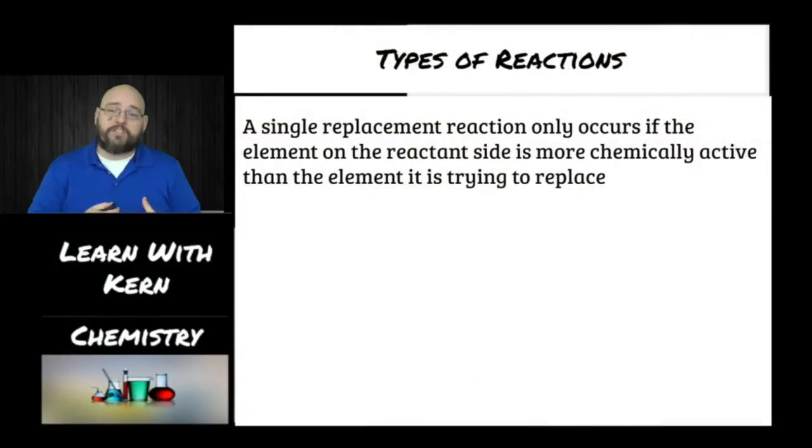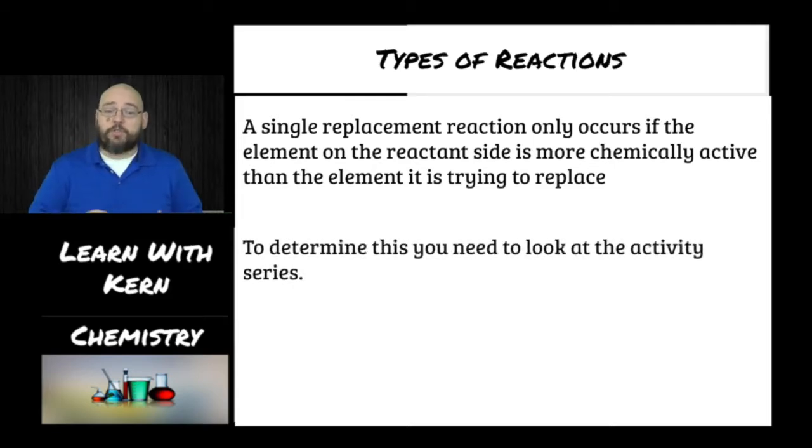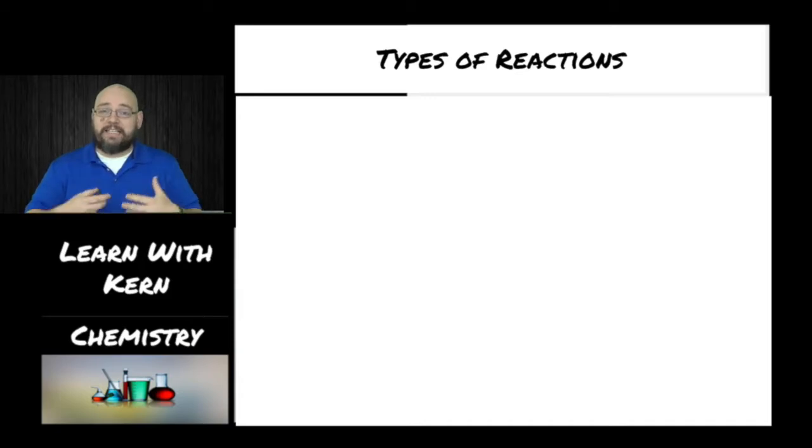Single replacement reactions only occur if the element on the reactant side is more chemically active than the element that it's trying to replace. So to determine this, you have to look at the activity series. The activity series is a list of elements in their order of activity. It's on the reference sheet that is in the link below, or that I gave you in class if you're one of my students.